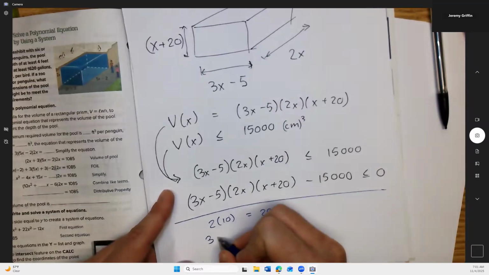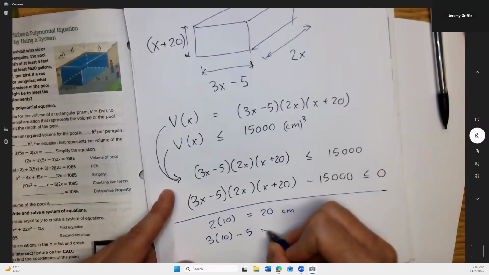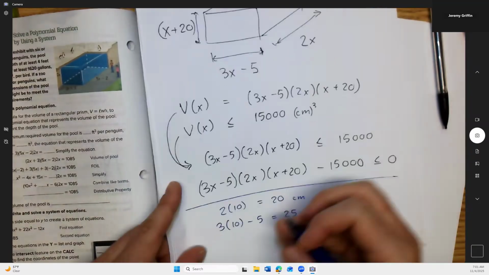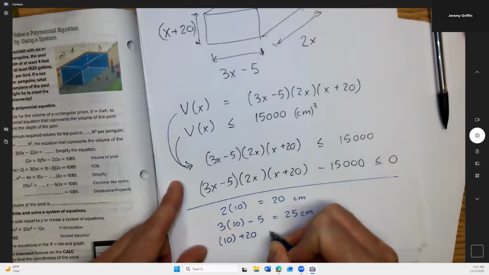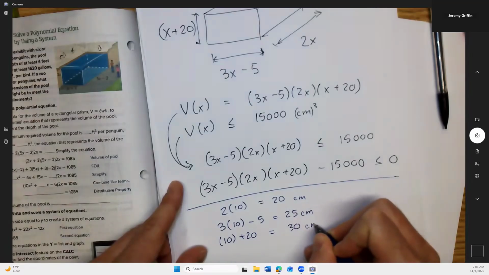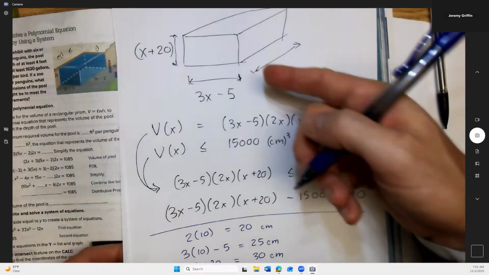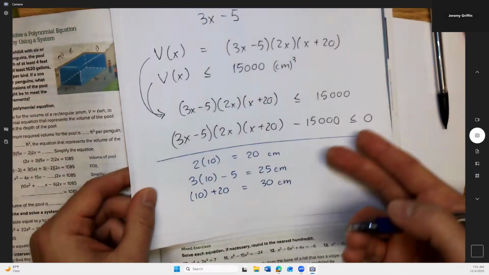If I do 3x minus 5, plugging in 10 for x, that'd be 30 minus 5 is 25 centimeters. And the height would be x plus 20, so that'd be 10 plus 20 equals 30 centimeters. All I did was take each of the length, width, and height, and plug in 10 where the x goes, because that's where we saw the graph.